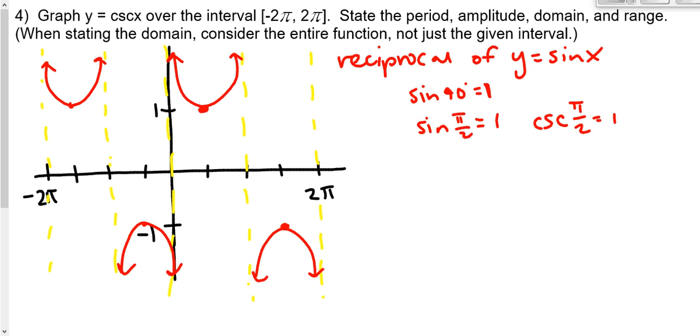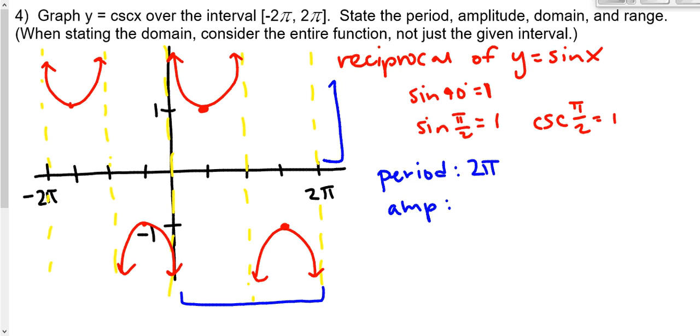Okay. For the period, the width of one cycle would have one curve going up and one curve going down, so that width is 2 pi. For the amplitude, the distance from the center to the top, well, there is no top, so that one is undefined, just like it was for the tangent graph.